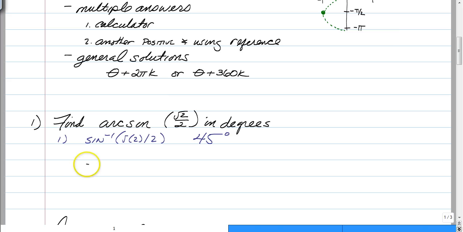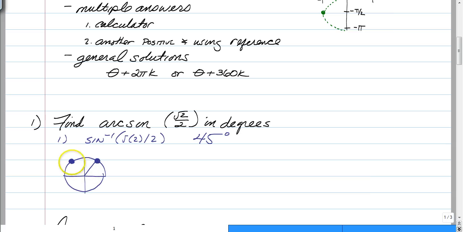Let me sketch this out for you really quick, and I highly recommend that you do this because it will be valuable when you get into a whole bunch of mixes of sine, cosine, and tangent. So we get a 45 degree angle. That is our first one. So where else is sine positive? Sine is also positive in quadrant 2, when y is positive.